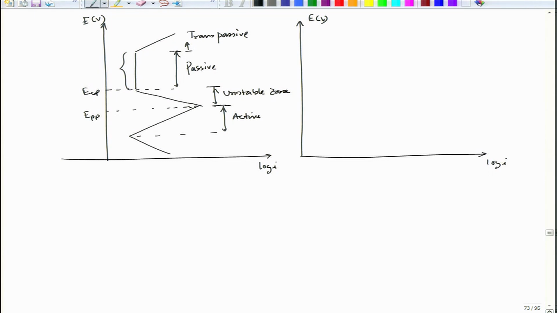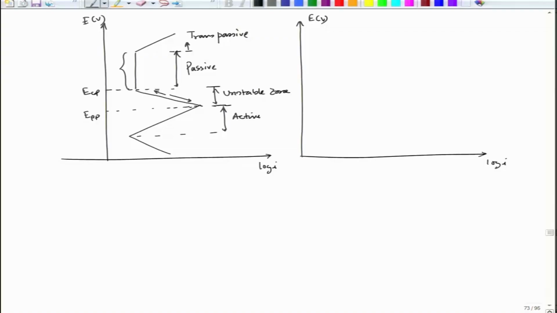If there is any disturbance in between, the system can go back to this, or if there is no disturbance, the system goes towards this. I will talk about what we mean by this disturbance, but at least one thing is appreciated here, that we are trying to reach the steady state which corresponds to IP.